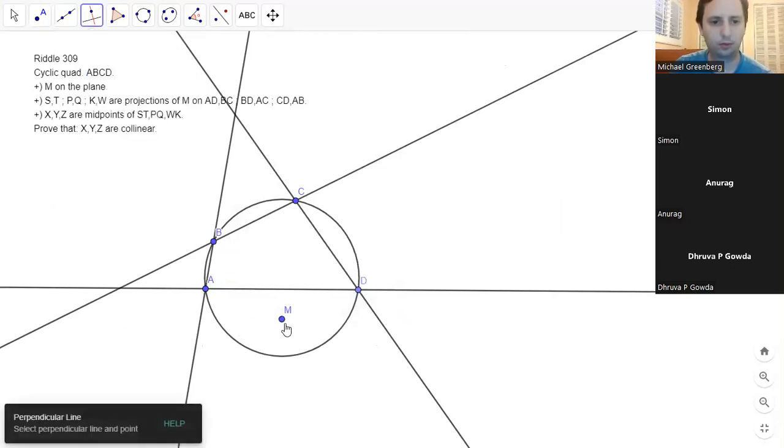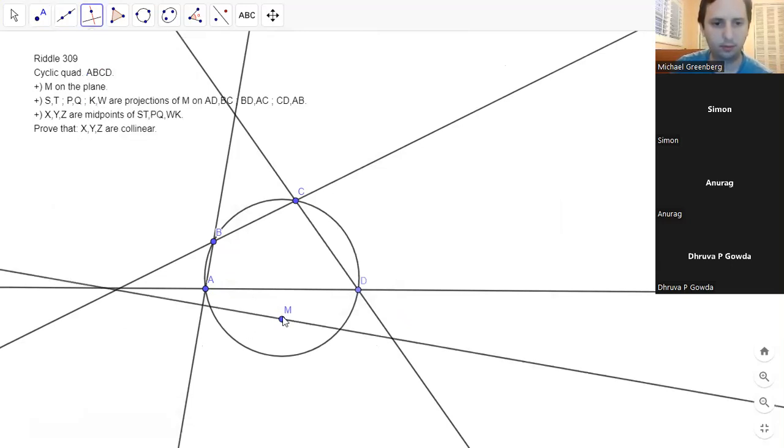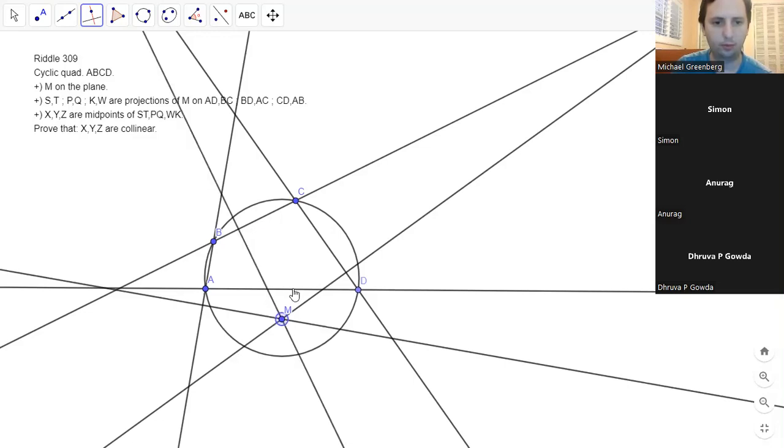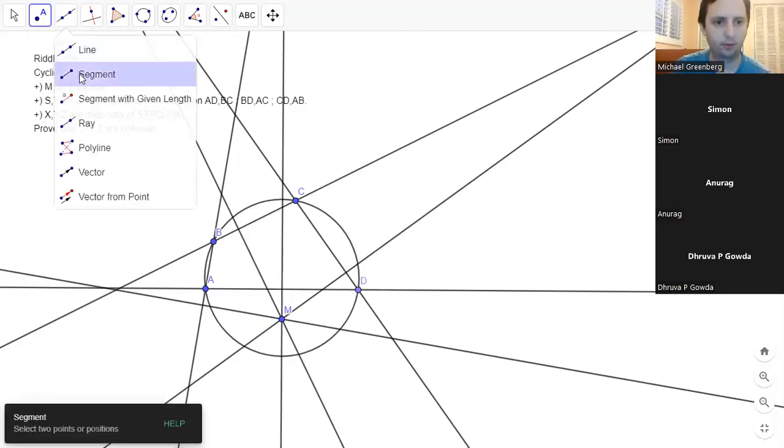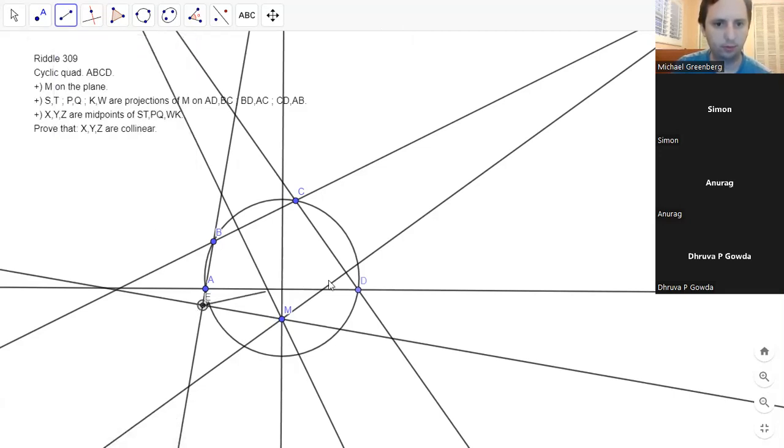So I might as well draw the segments. And then what are the other ones?